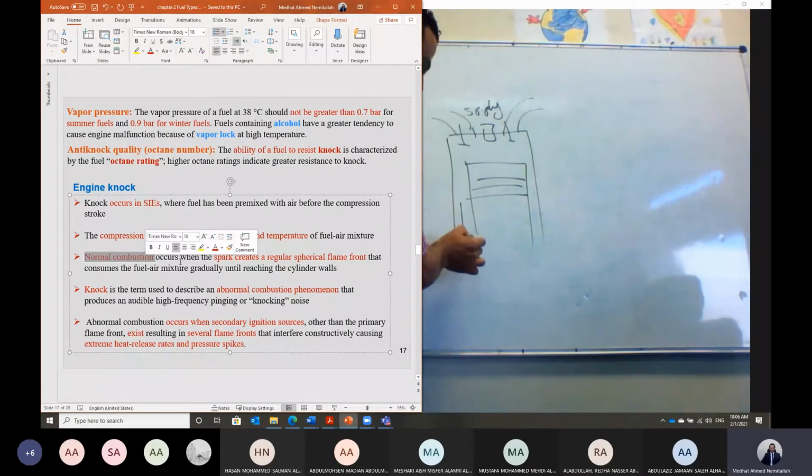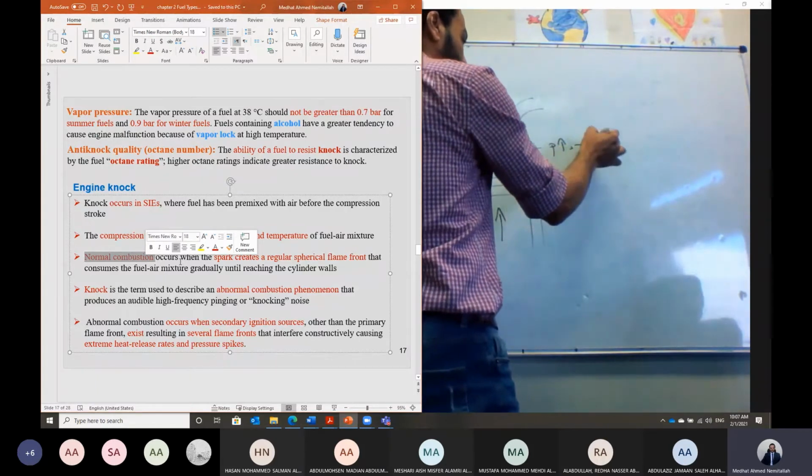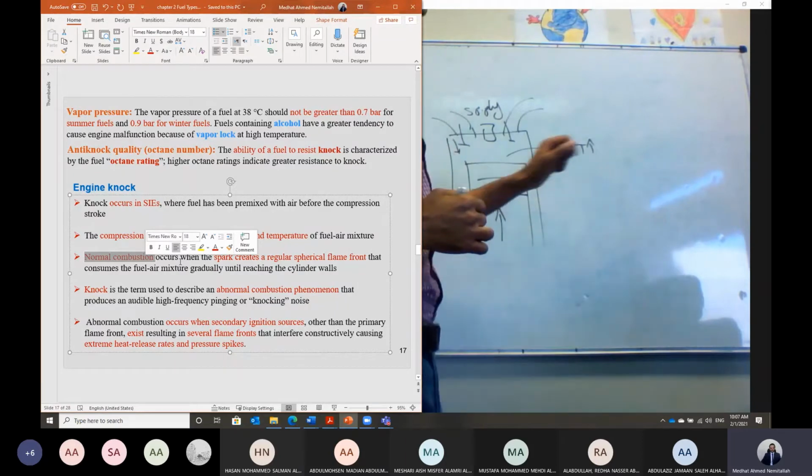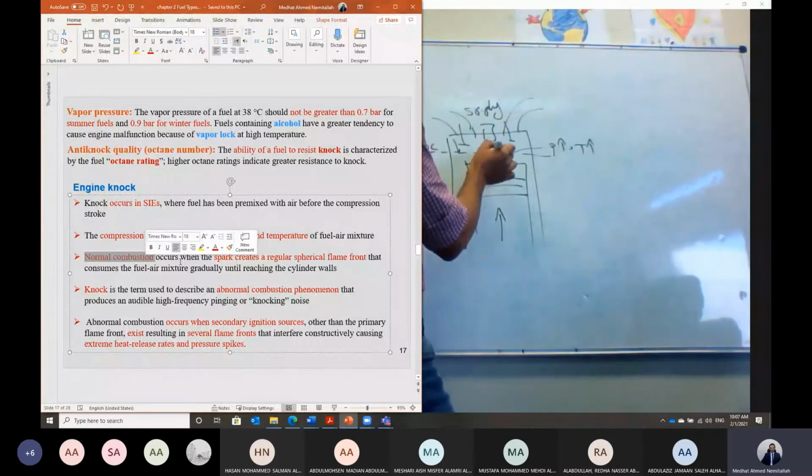First of all, the piston moves down to take the air plus fuel, and then it moves up to compress the air plus fuel. While the piston is moving up, the pressure inside the cylinder is raised, and the temperature is raised. Before the piston reaches the top point, which we call the top dead center, the spark will initiate the combustion.